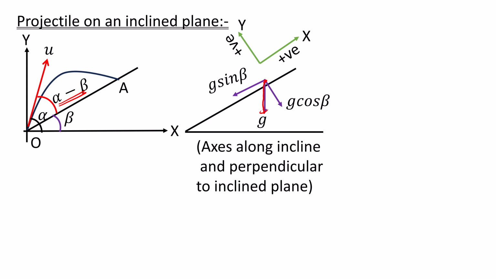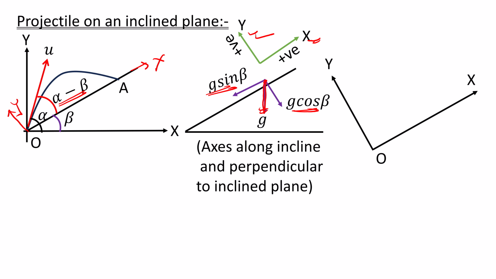We take this inclined plane as the x-axis and make a perpendicular axis like this, y, which is positive. The components of acceleration due to gravity are g sin beta and g cos beta along the x and y axes. The angle of projection is alpha minus beta with the inclined plane.